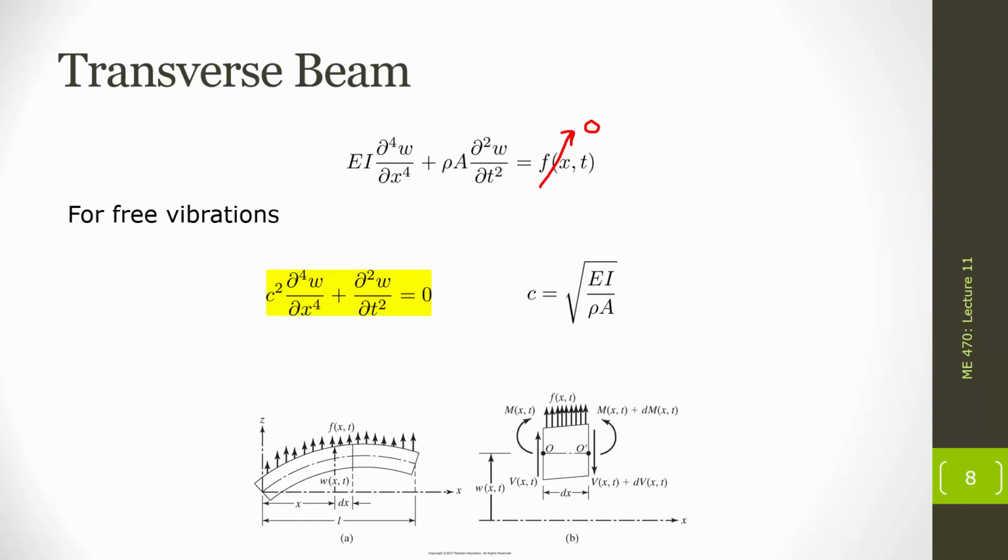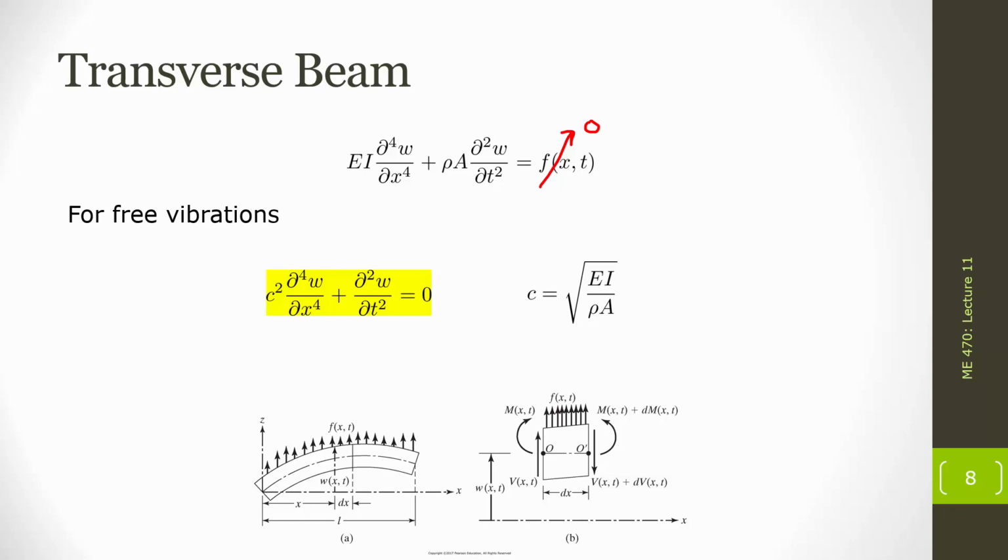And I have this c term. It looks kind of similar to what we saw for the axial problems or the string problems. This c is going to be determined by geometric properties I and A, and material properties E and rho. We now have this partial differential equation, but instead of being second order in space, it is fourth order in space, and it's still second order in time.